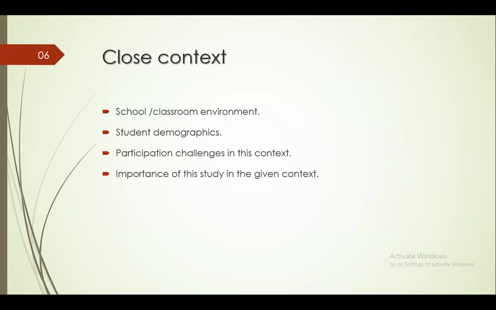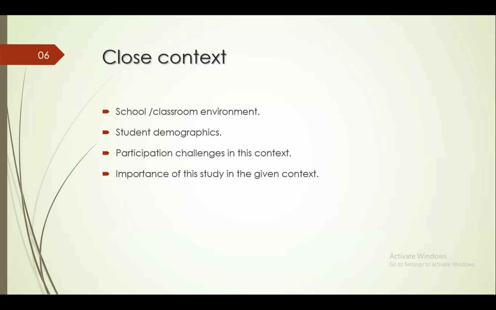And the close context. This research is conducted within a specific classroom where grade 9 boys are taught English. The classroom setting plays a crucial role in shaping student engagement as factors such as teaching methods, peer interactions, and overall learning atmosphere can significantly influence participation level.